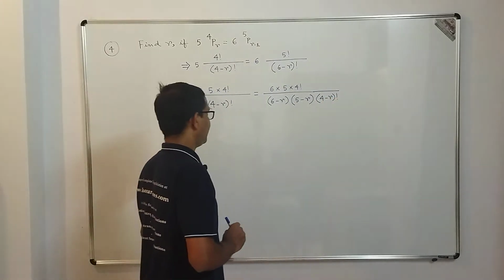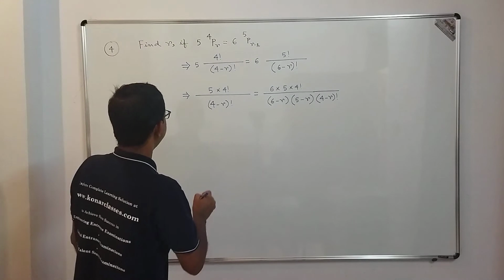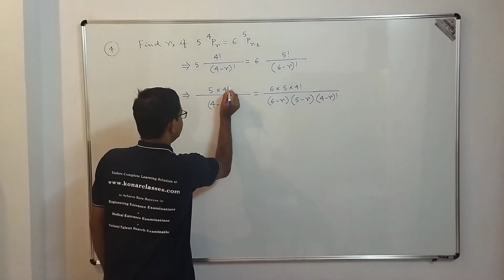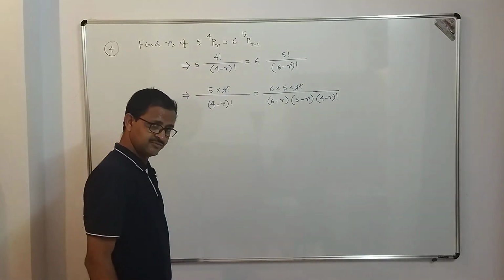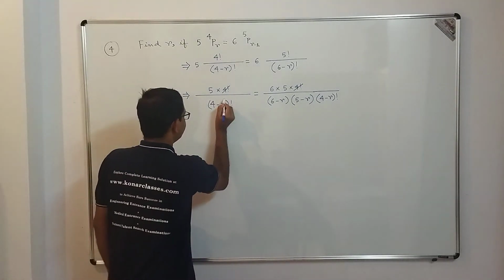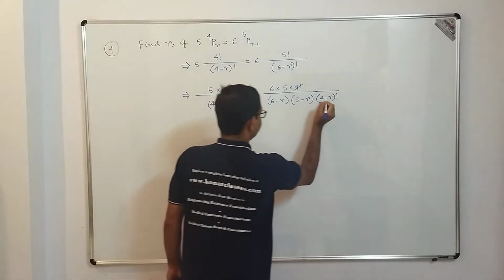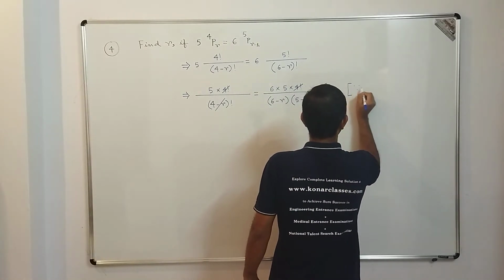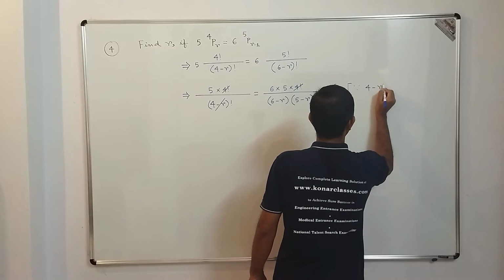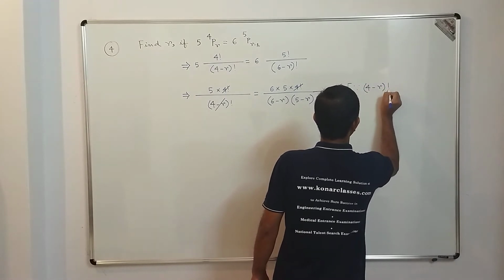Now let's see, dear students, that in the numerator 4 factorial and 4 factorial got cancelled, and in the denominator 4 minus r factorial and 4 minus r factorial get cancelled, because 4 minus r factorial cannot be equal to 0.